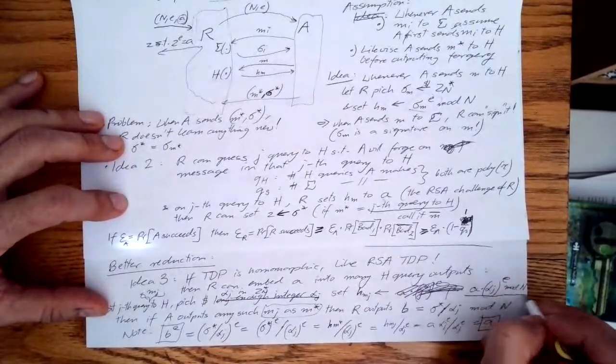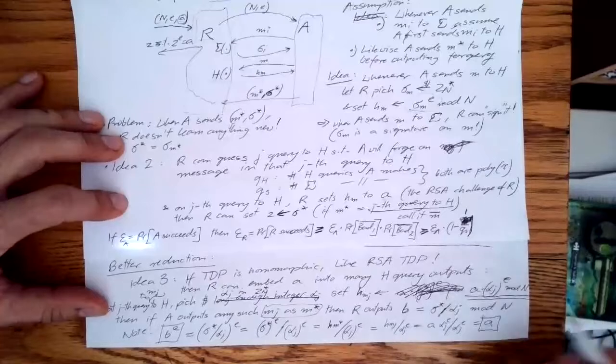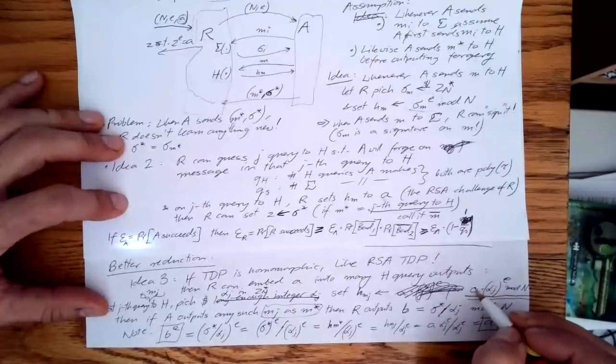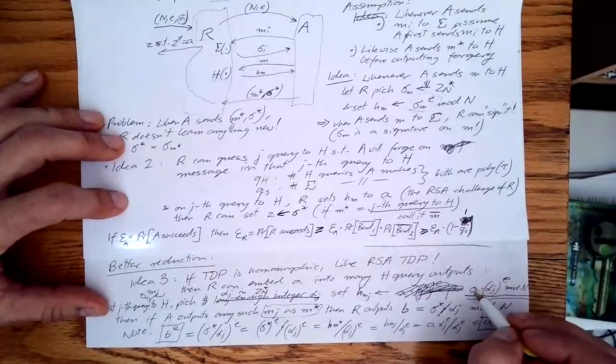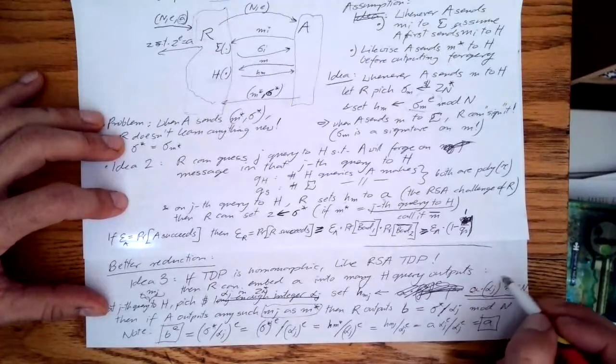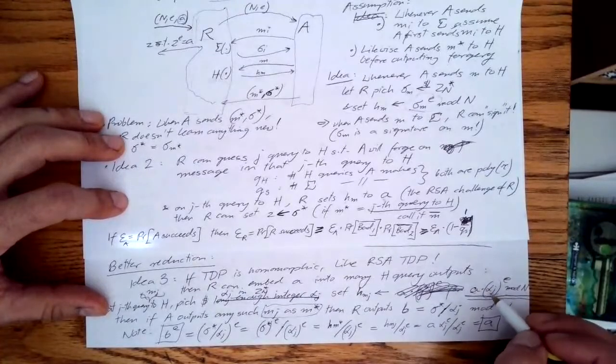What the reduction did is it took a challenge point and embedded this challenge into a random point in the domain by shifting the range element by a trapdoor permutation applied to a random domain point.